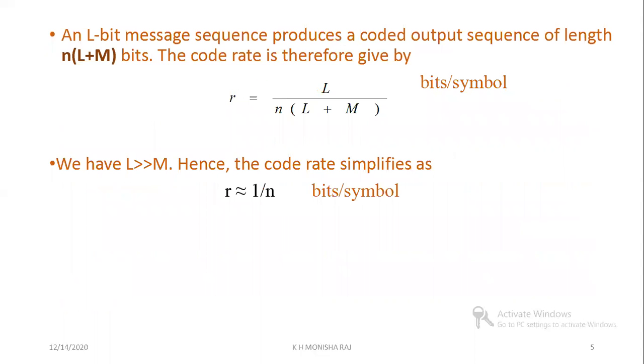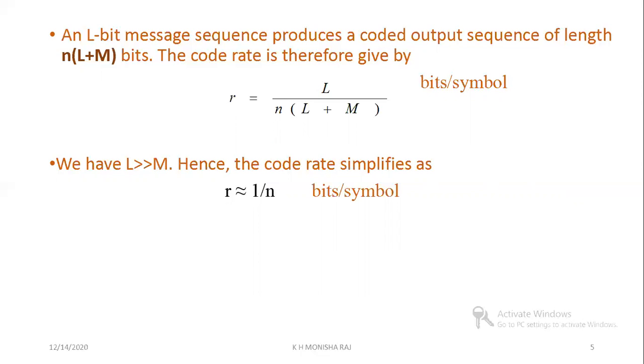An L-bit message sequence produces a coded output sequence of length n(L+M) bits. The code rate is therefore given by R = L/(n(L+M)) bits per symbol. Typically, we have L much greater than M. Hence, the code rate simplifies as R approximately equal to 1/n bits per symbol.